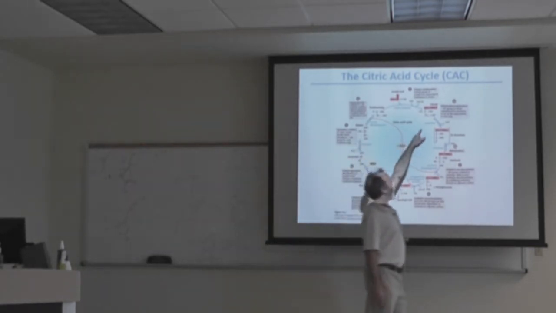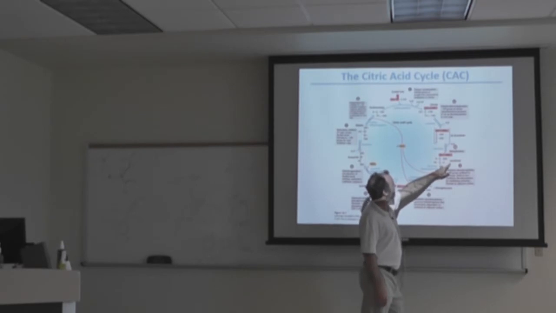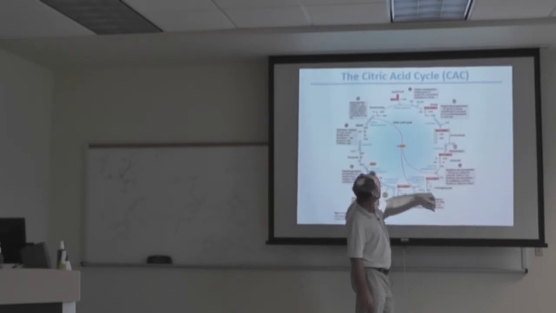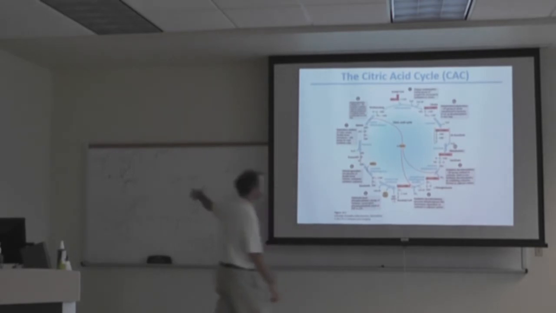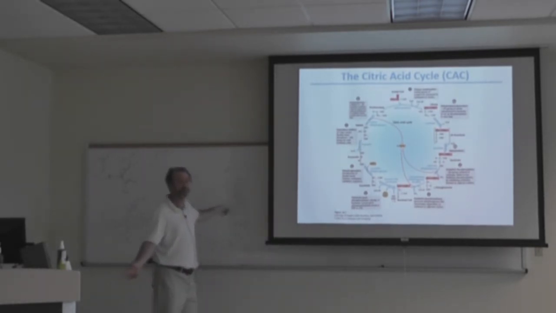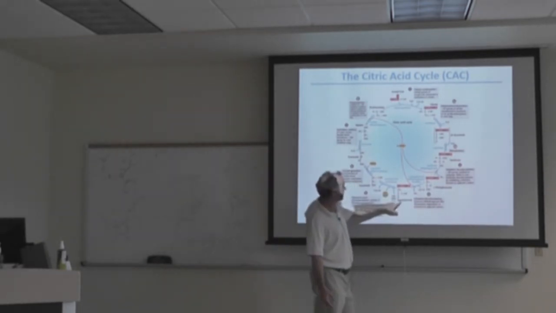Then we go to aconitase, which just rearranges the alcohol group to form isocitrate. And then we get isocitrate dehydrogenase, where we generate an NADH, and it's a decarboxylation that forms alpha-ketoglutarate. Then the alpha-ketoglutarate dehydrogenase complex, which is exactly like the pyruvate dehydrogenase complex, just uses alpha-ketoglutarate as a substrate rather than pyruvate, will form succinyl-CoA.